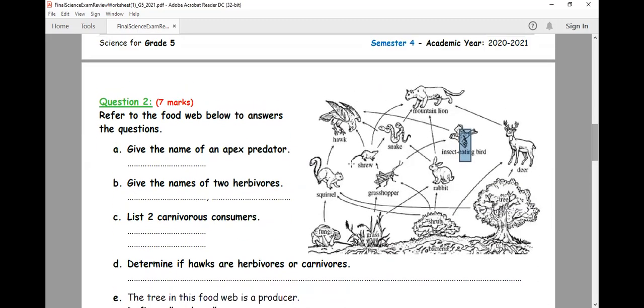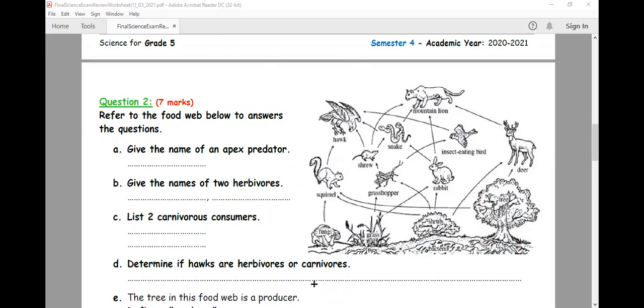Food chains and food webs start with a producer. They start with producers. Where are the producers in this food web?